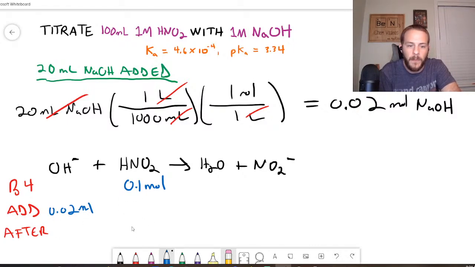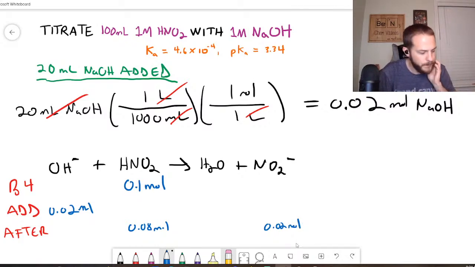That's going to be 0.08 moles, since 0.1 minus 0.02 equals 0.08. Meanwhile, the 0.02 moles of nitrous acid that we lost is converted to the nitrite ion, NO2 minus. So that's 0.02 moles.